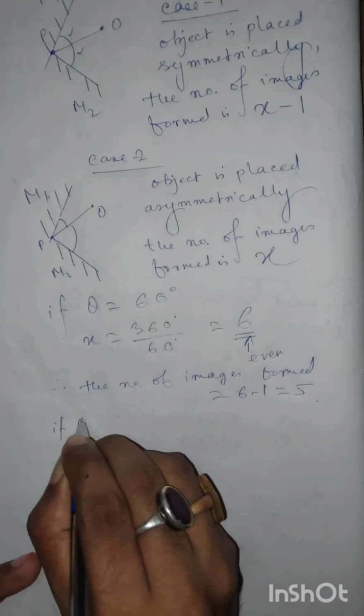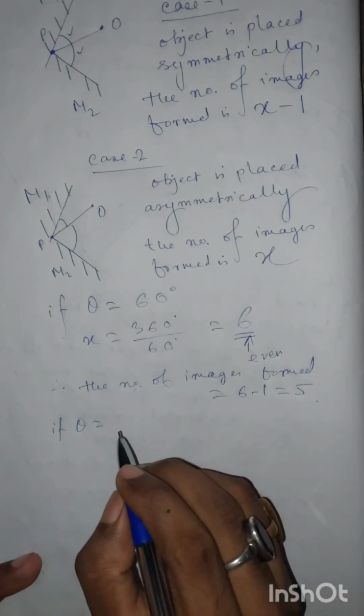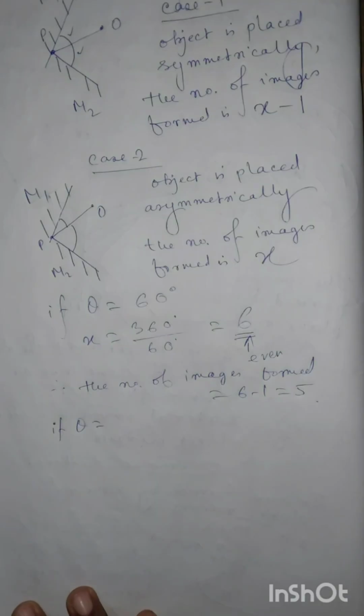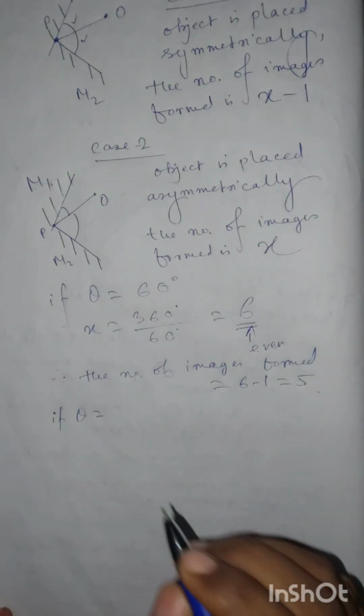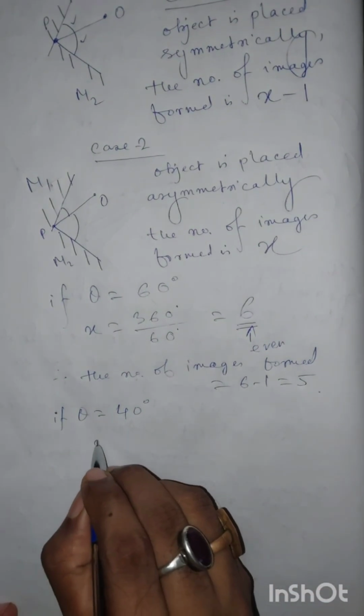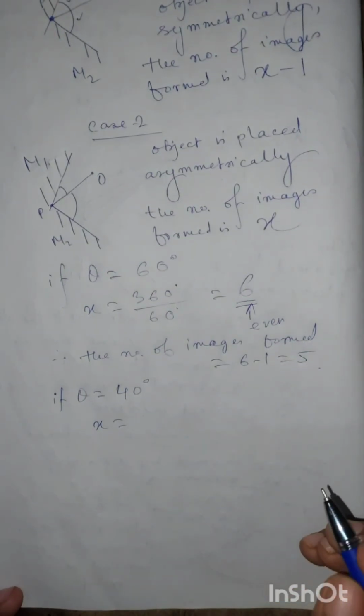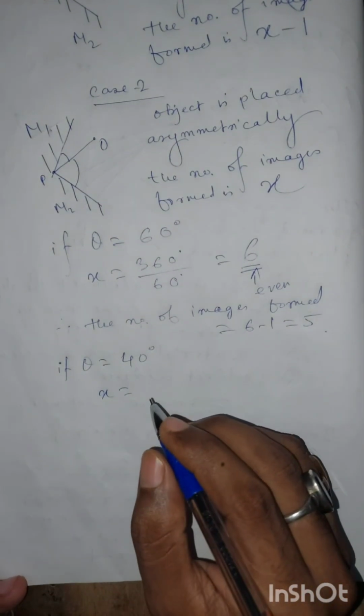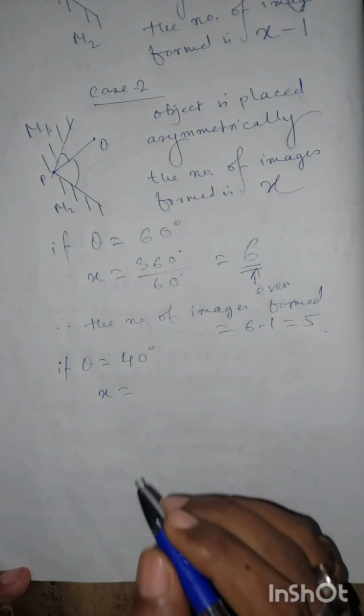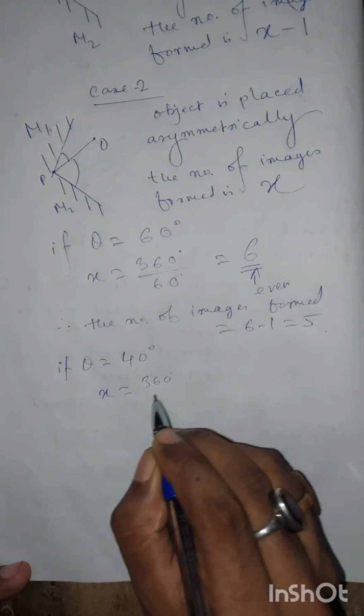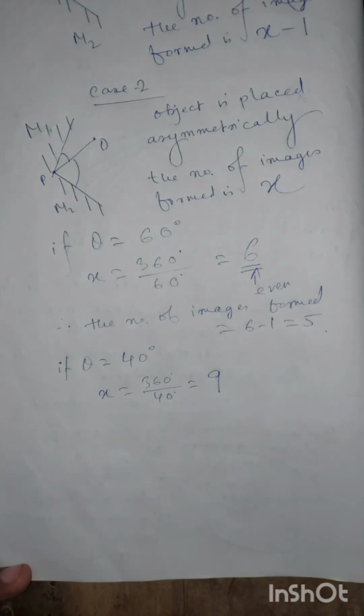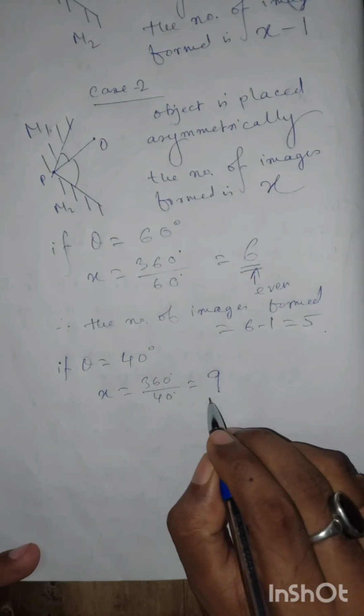Now, if theta is equal to, let us say, theta is the angle between the two mirrors. When theta is 40 degree, then 360 degree by 40 degree, this is 9. So this is actually odd.